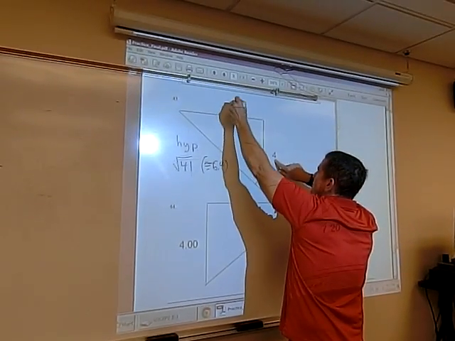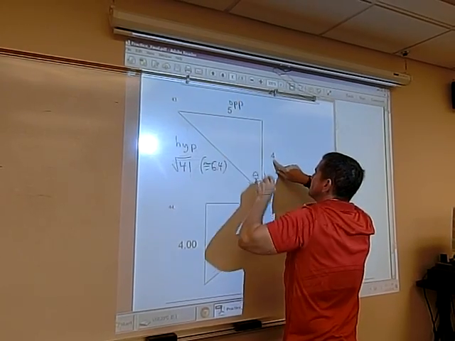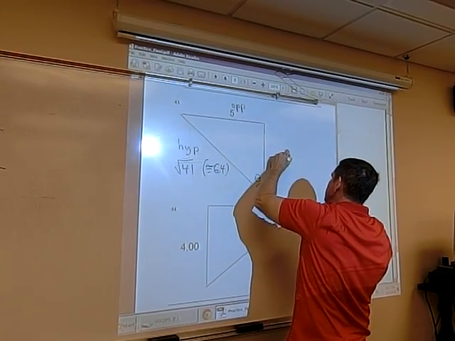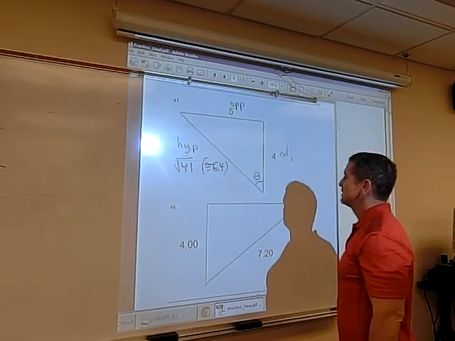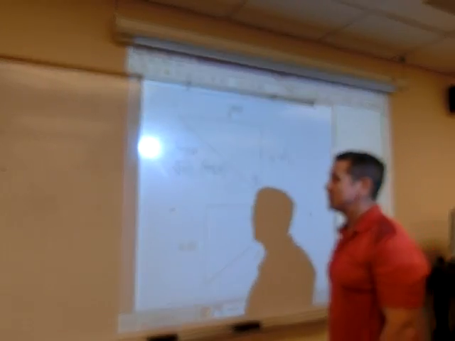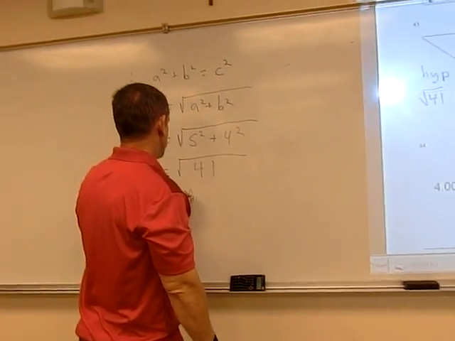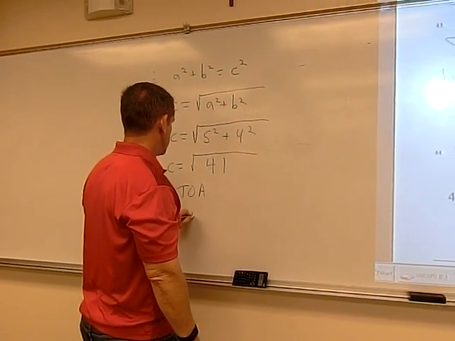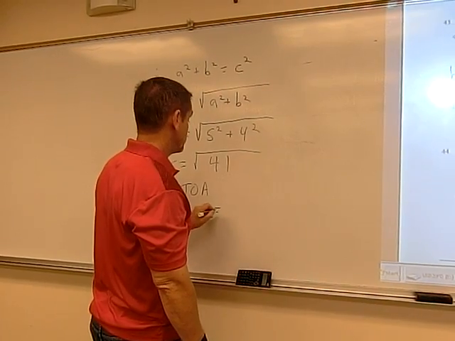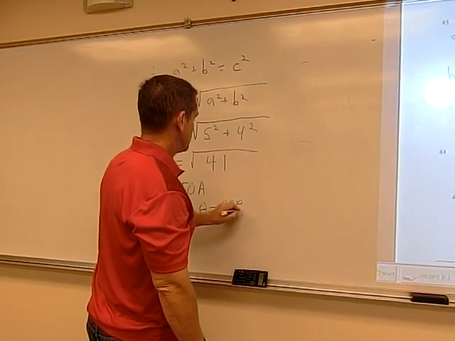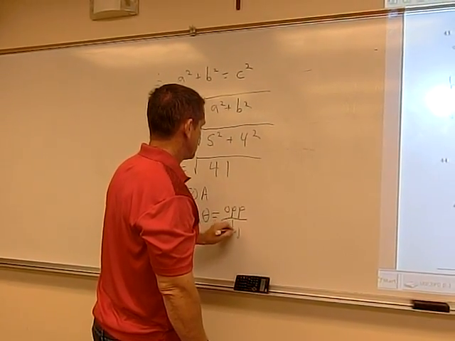If that's theta, this guy is the opposite because he's opposite theta. This guy is adjacent because he's the touching guy. And so I would use the TOA to get that angle, which says the tangent of theta is equal to the opposite over the adjacent.